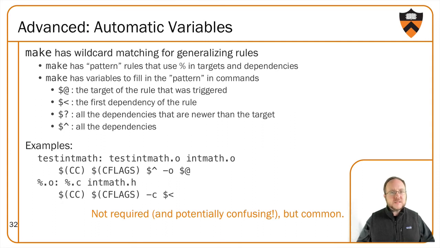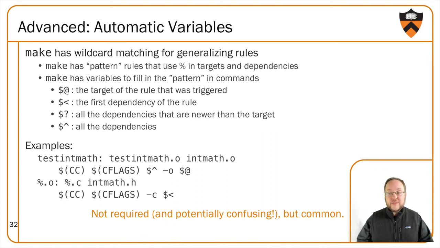So this is pretty typical. It's nice when you're writing a rule and you say, I either don't want to repeat the text, or maybe if I start adding pattern matching, I want to use whatever the pattern was because I don't know what the actual files were.